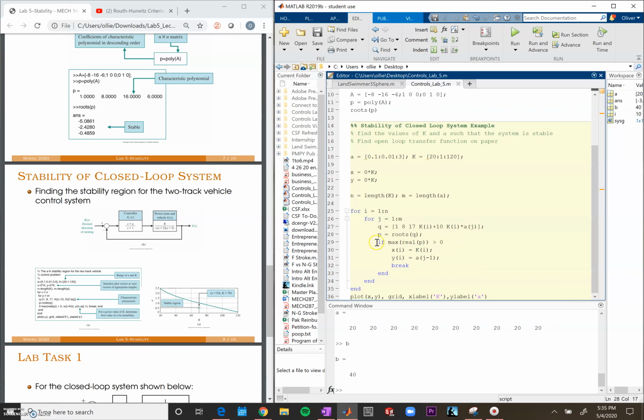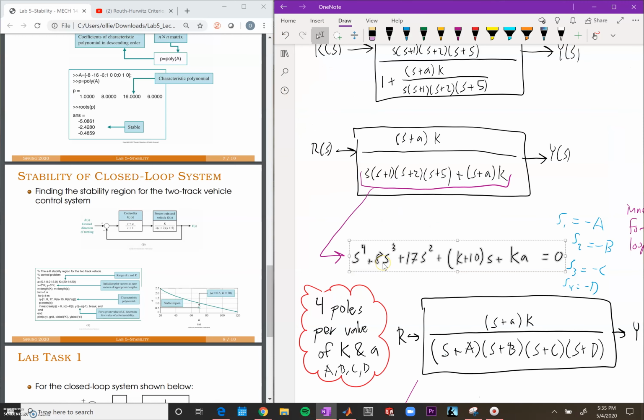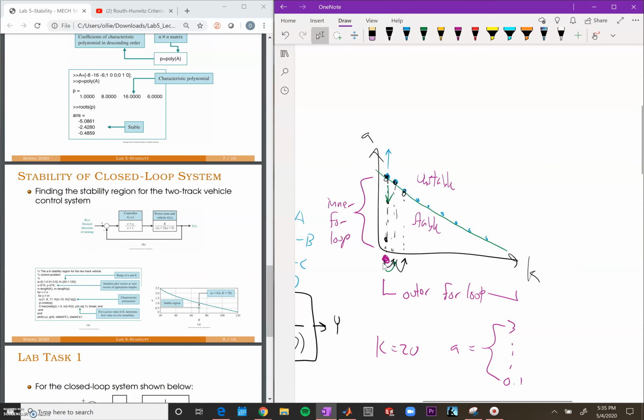And then we say, okay, if the real part of the pole is greater than 0, it means it's unstable, and then we break from the inner loop, right? That's basically saying we're here, we're going to go up, okay, less than 0, less than 0, less than 0, oh, we're greater than 0, go back down here, this is our value we want.